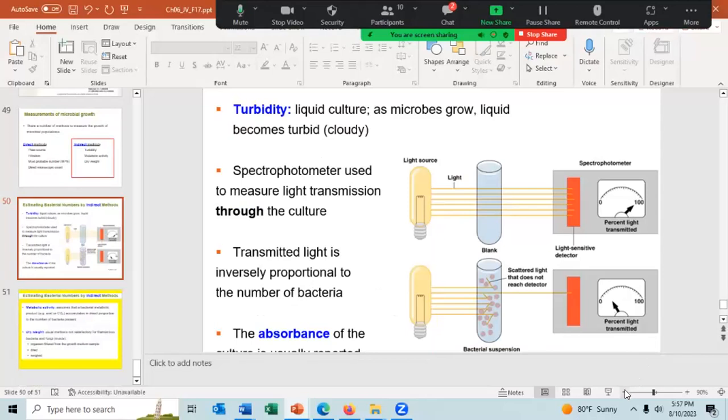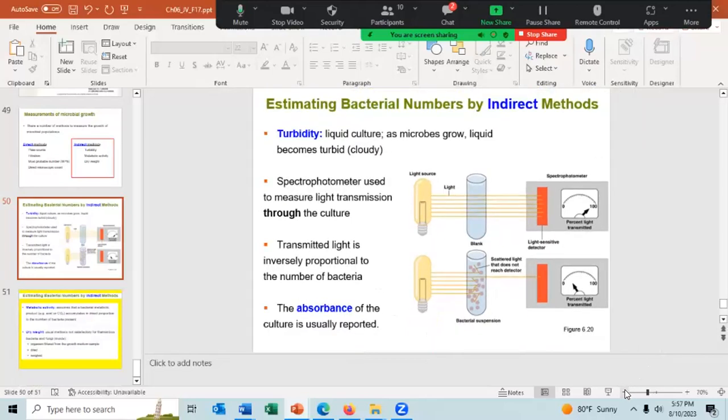Turbidity is one of my favorite ways to count the bacterial numbers. It's an indirect method measuring the amount of light coming through the tube. So here we have a tube of media, and so much light comes through that. You then compare it to this tube that had the media and no cells in it to a tube that has cells in it.